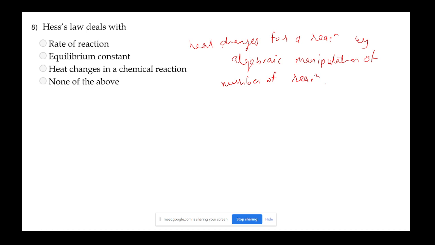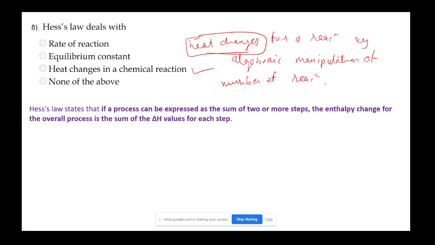So what we do is we try to find out the heat change for the reaction, or the heat of reaction. So heat change in the reaction is the correct answer.